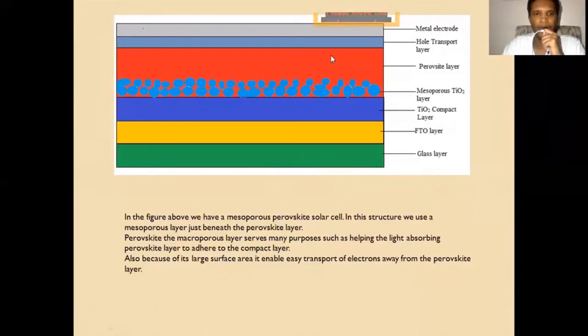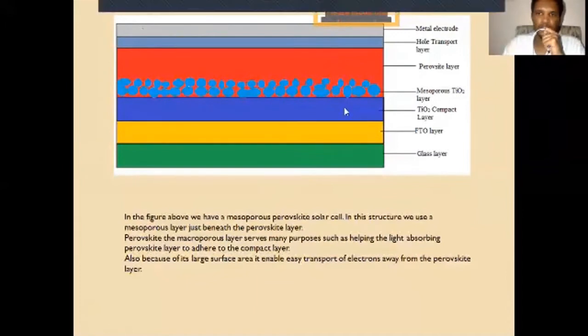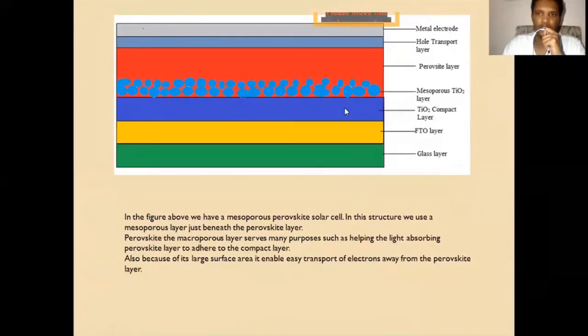When electron-hole pairs are generated, you don't want the holes to exit and recombine with the electrons in the FTO layer. So the TiO2 compact layer needs to block holes so that they go through the hole transport layer, not through here. It also acts as an electron transport layer, helping transport electrons outside of the perovskite layer.